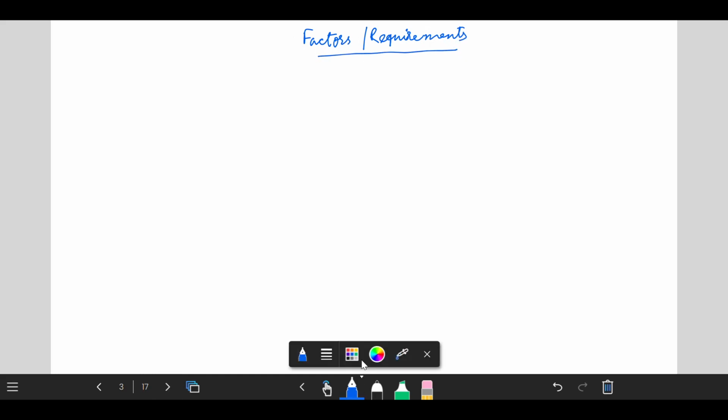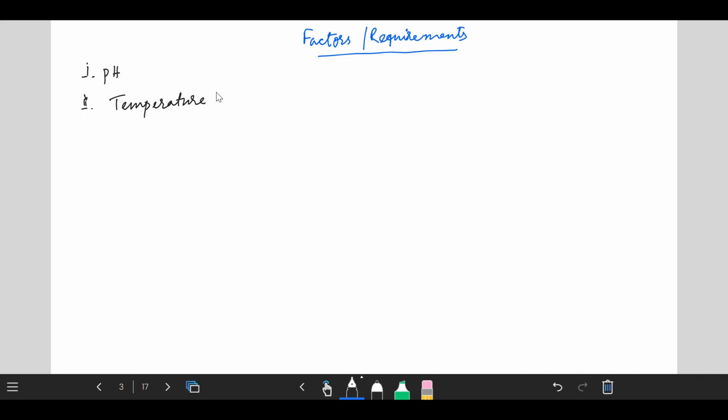Okay. Now, what are the environmental factors or requirements? Which type of factors are used? First factor is pH. That should be obviously 7 to 7.4. Second one is temperature. That is obviously plus minus 37 degrees Celsius.